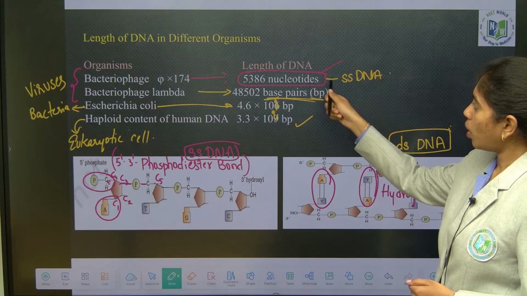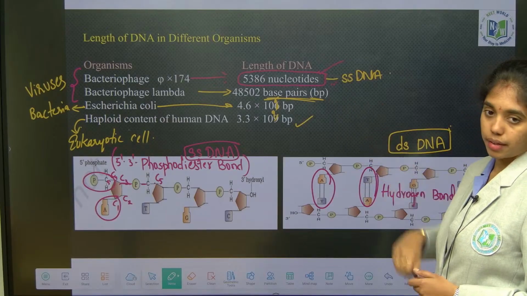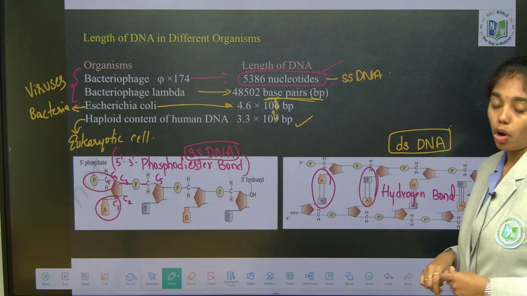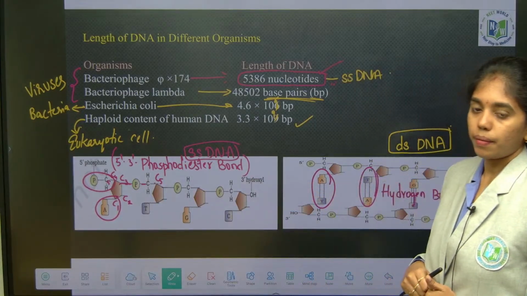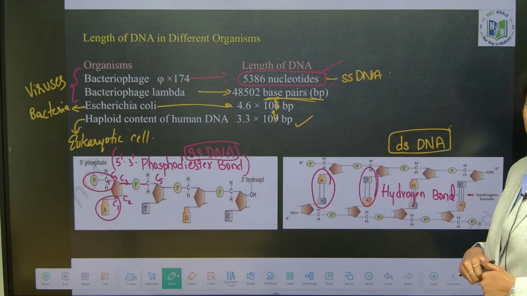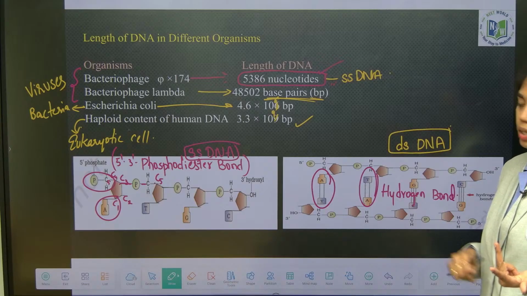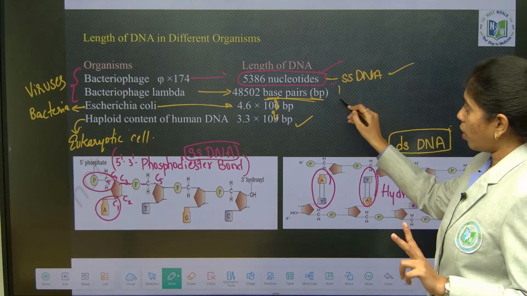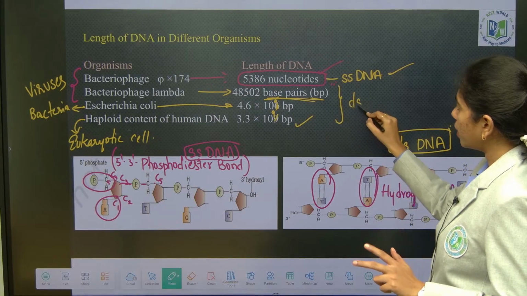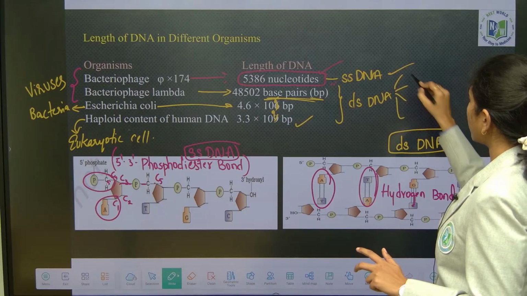Tell me how many bonds are involved to form a single stranded DNA here. Just now we have learned, right? N-glycosidic bond, ester bond, phosphodiester bond. There is no role of hydrogen bonds here. For the formation of double stranded DNA, we have 4 bonds. What are they?